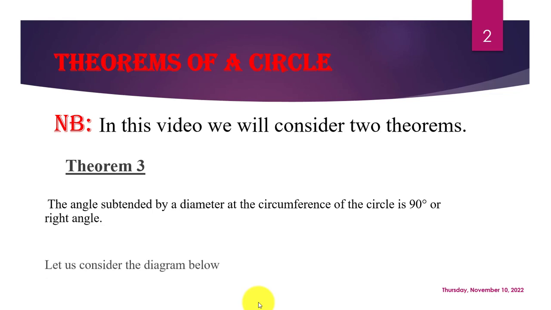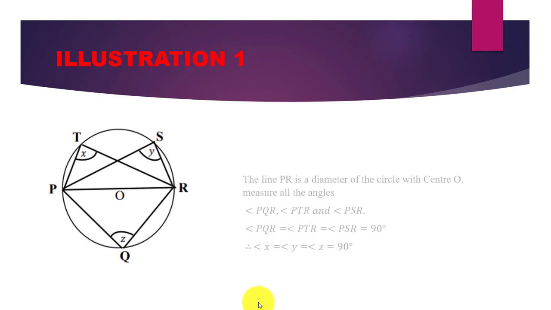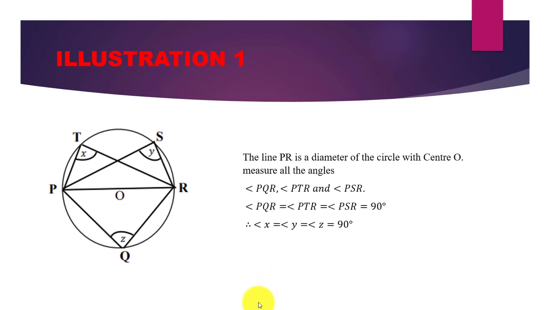Let's consider the diagram below. From the diagram, P, Q, R, S, T are points on the circle.